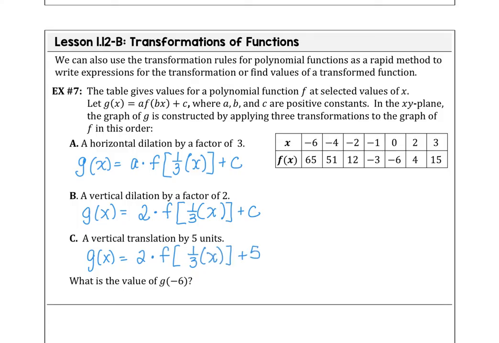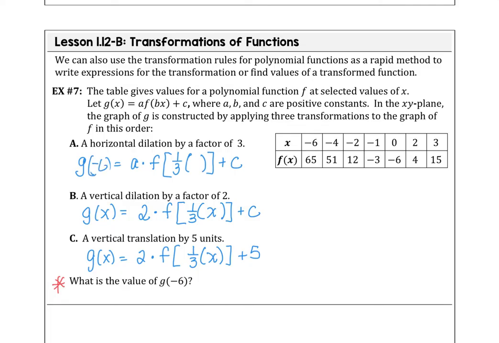Now notice here they want us to calculate g of -6. So if we take our eraser and go back here and plug in -6 here and -6 here, we can use these transformations as a way to locate those values.